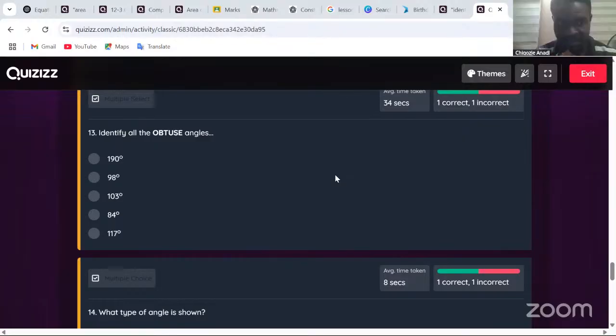Remember, an obtuse angle is greater than 90, but less than 180. 103. 103, correct. Very good. 117. 117, correct. Good.